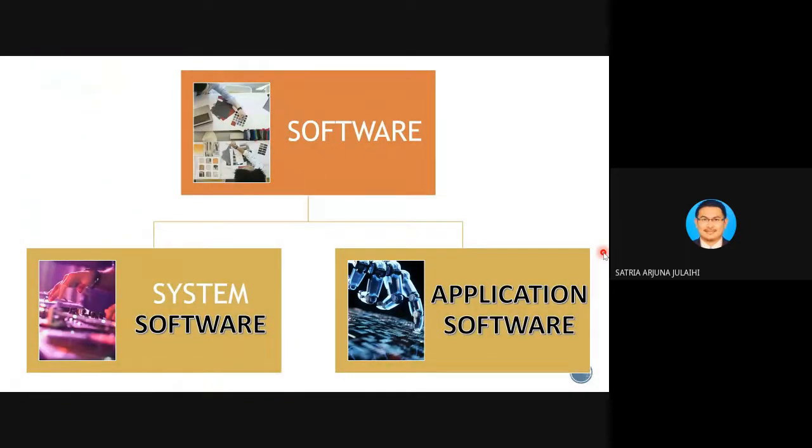Before we go into system software, let us understand that when we talk about software, there are basically two types. The first type is system software, which we will look at now, and another type is application software, which we will look at after this.